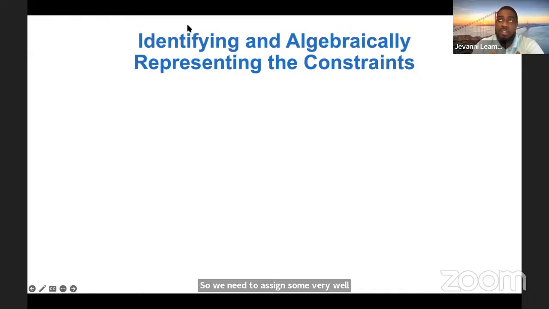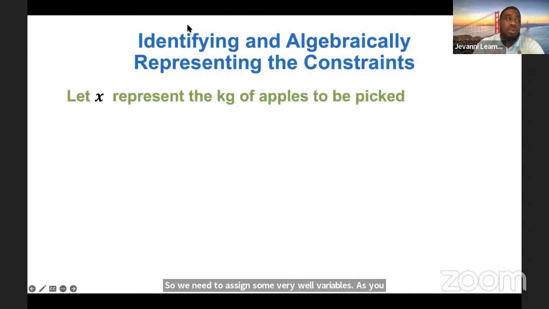I am using let x. Generally, they tell you what x is. If not, you'll have to use your own. Normally we use x and y because those are on the graph.